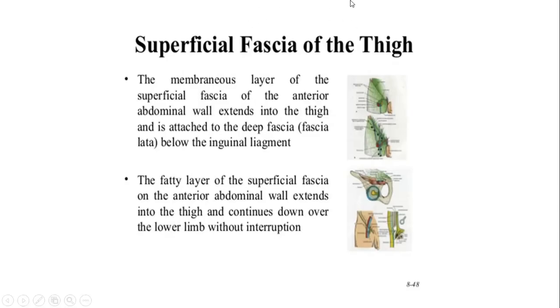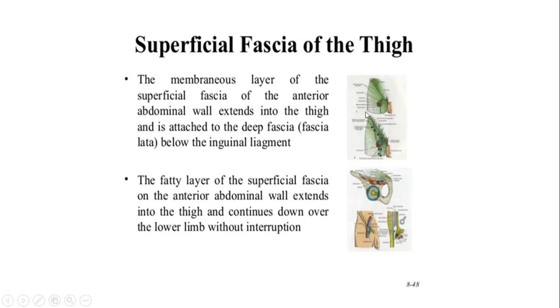Here again is shown the superficial fascia of the thigh. The membranous layer of the superficial fascia of the anterior abdominal wall extends into the thigh and is attached to the deep fascia, fascia lata, below the inguinal ligament. So the membranous layer is not actually part of the thigh fascia, but comes from the abdomen.